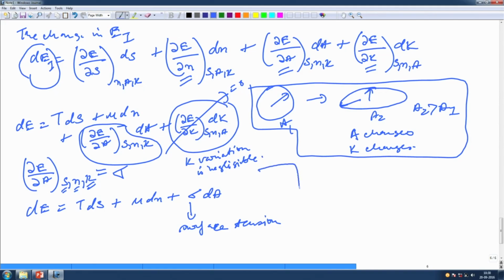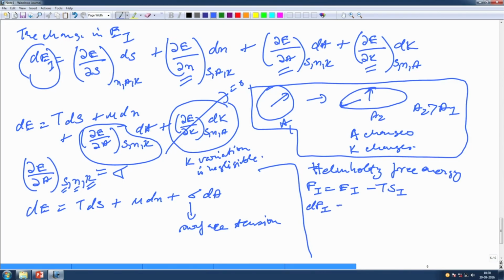Surface tension can also be represented in terms of the Helmholtz free energy equation. There can be equivalent representations. So, Fi, for example, is Ei minus T Si, that we know, that is the basic Helmholtz equation. Similarly, dFi can be written as dEi minus T dSi minus Si dT.